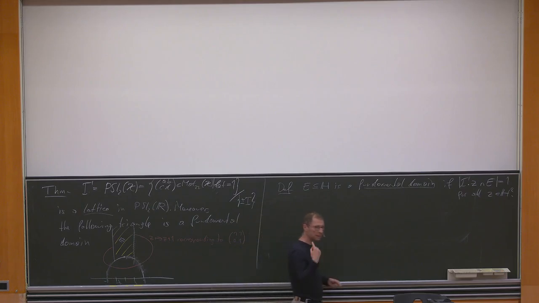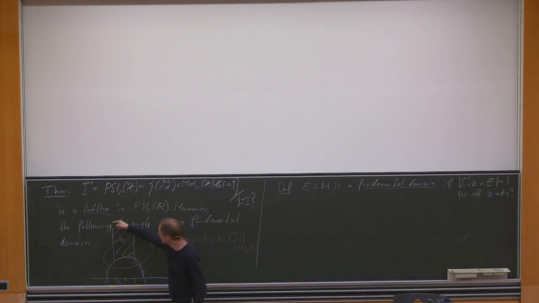If you let this matrix in PSL2Z act on the hyperbolic plane by Möbius transformations, it will shift everything to the right, and it will glue the left boundary here to the right boundary here.